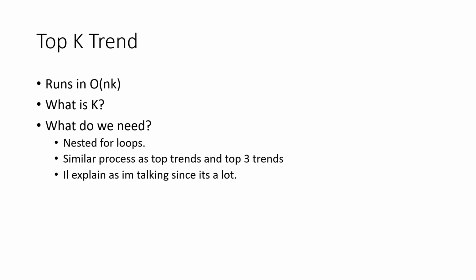Now, let's begin with the basics. Now, n times K, whenever you hear that, just remember that you're going to be implementing a nested for loop in some cases. If not, then you're doing some other algorithm that I might not know.